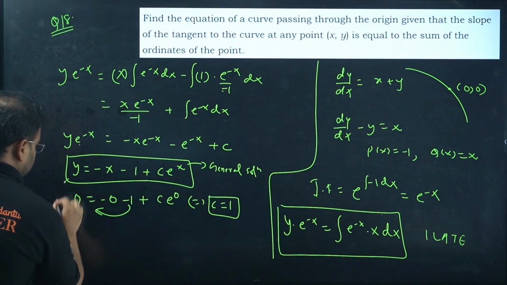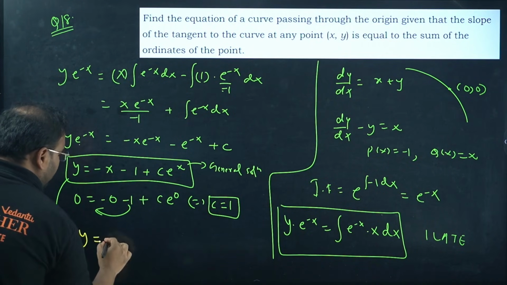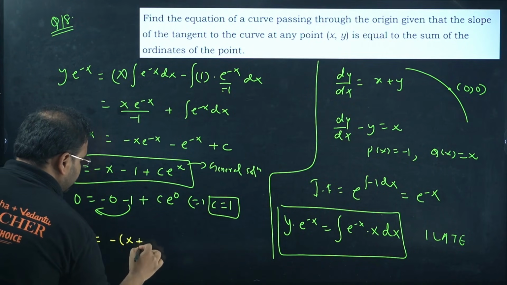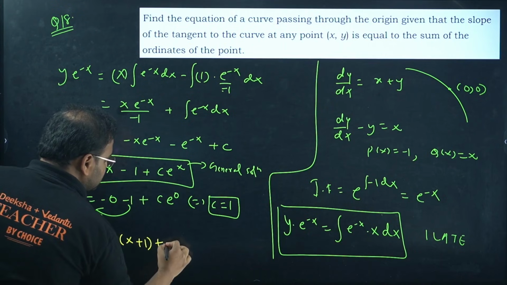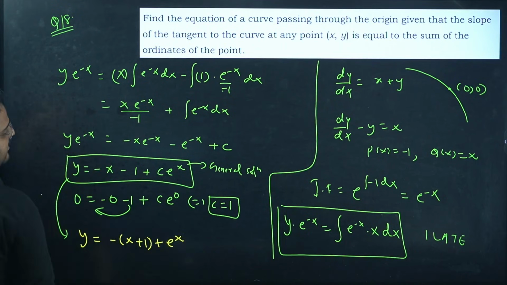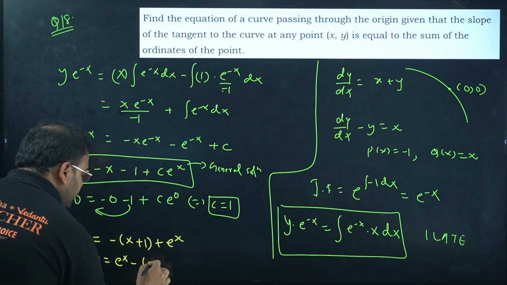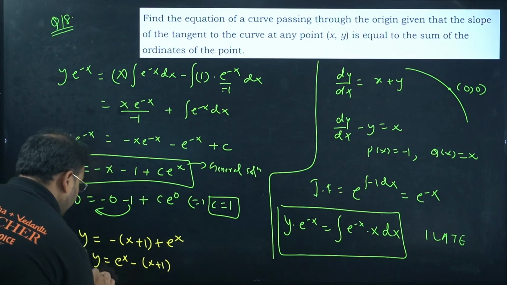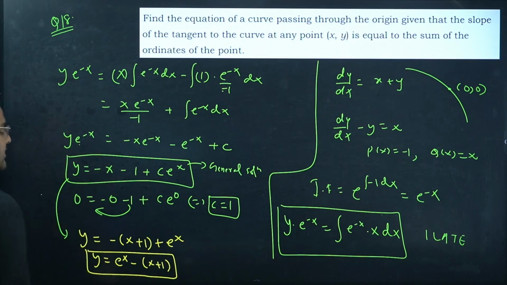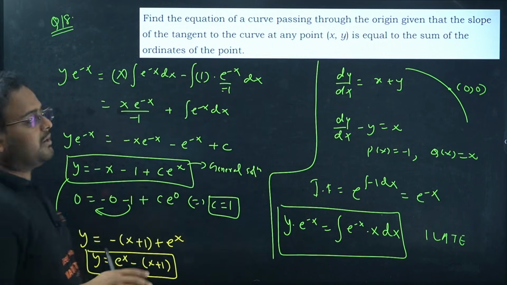So my answer turns out to be y equal to minus of x plus 1, plus c times e power x, with c being 1. You can simplify this to get y equals e power x minus x minus 1. Done. A 5 marker.